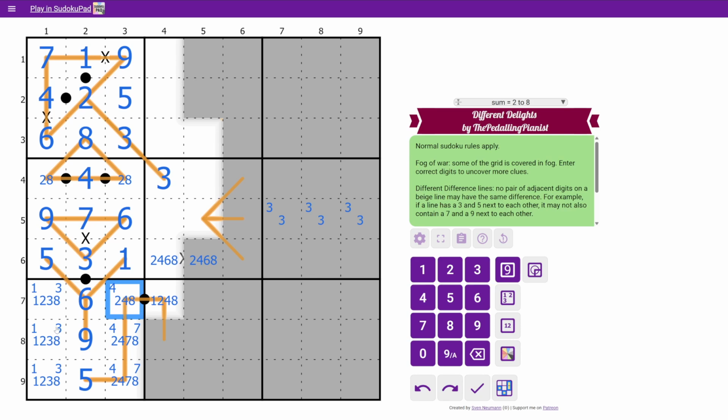The 2 would go over here, so the 4, 7 would go here.